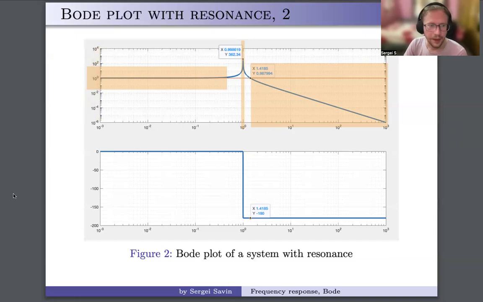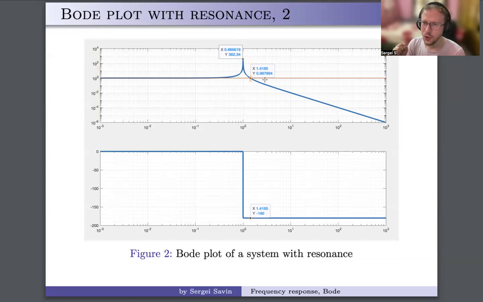Okay, good. Now let us see this point. This point is where our attenuation, our amplitude amplification, is equal to 1.